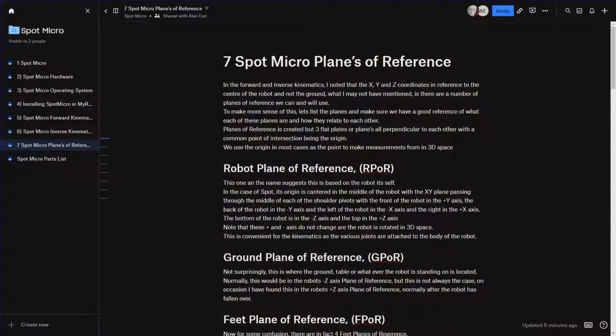The ground plane of reference is where the ground is, and in our case, it'll be located somewhere under the robot, and it runs parallel to the ground, as in the X and Y axis is across the surface of the ground, and Z runs up and down. And in our case, we will have that Z pass through the center of the robot, or somewhere through the robot.